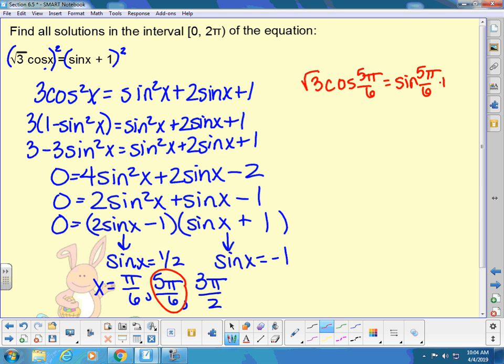We're going to find out. Cosine of 5 pi over 6 is negative rad 3 over 2. Sine is positive. Yeah. Oh, and then I get negative 3 over 2 and positive 3 over 2. The other two should work.